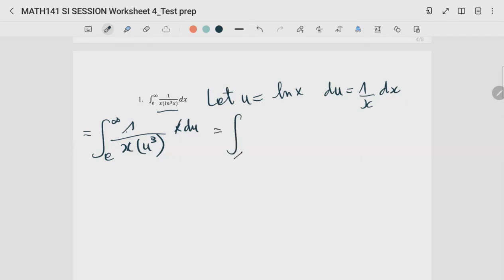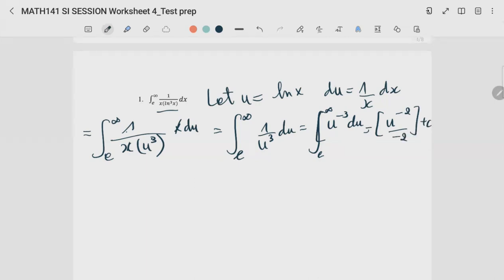You have the integral from e to infinity of 1 over u cubed du, which is basically the integral of u to the negative 3 du, right, from e to infinity, and this is just u to the negative 2 over negative 2 plus c.